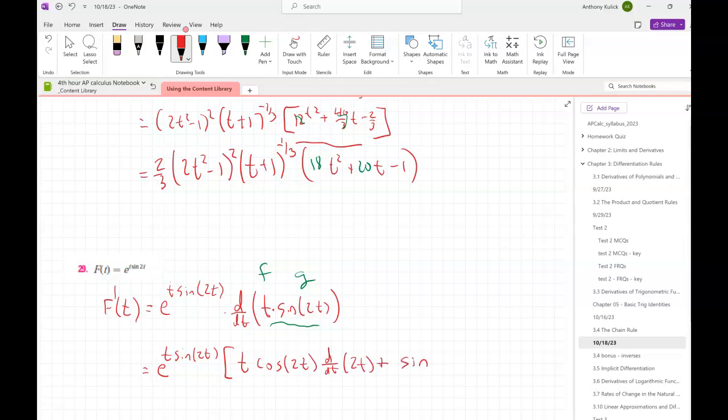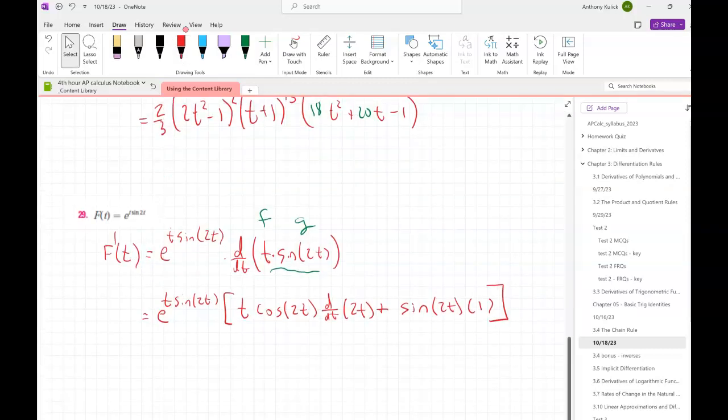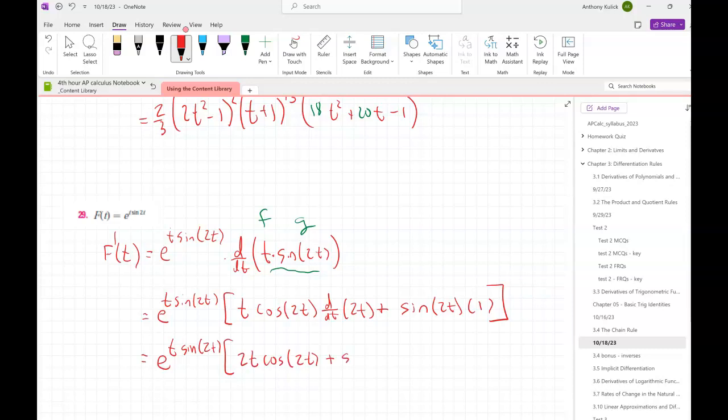And then I'll have g times the derivative of t, which is just 1. The derivative of 2t is just 2. And that's probably what they left it as.